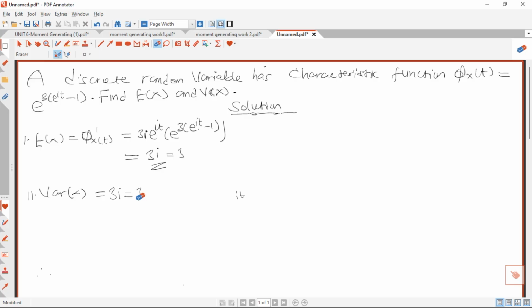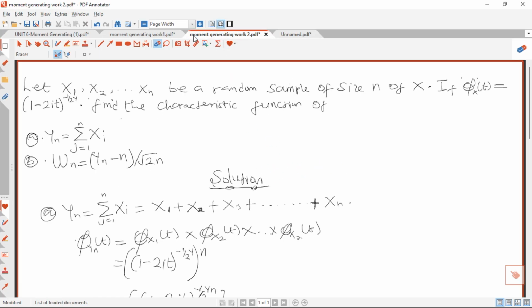You have to take the second derivative, and then the variance will be what? Expectation of x squared minus expectation of x all squared. Okay, this is how we are going to calculate the variance for the other distributions. Okay, yes, so that is that. So let's continue our video.